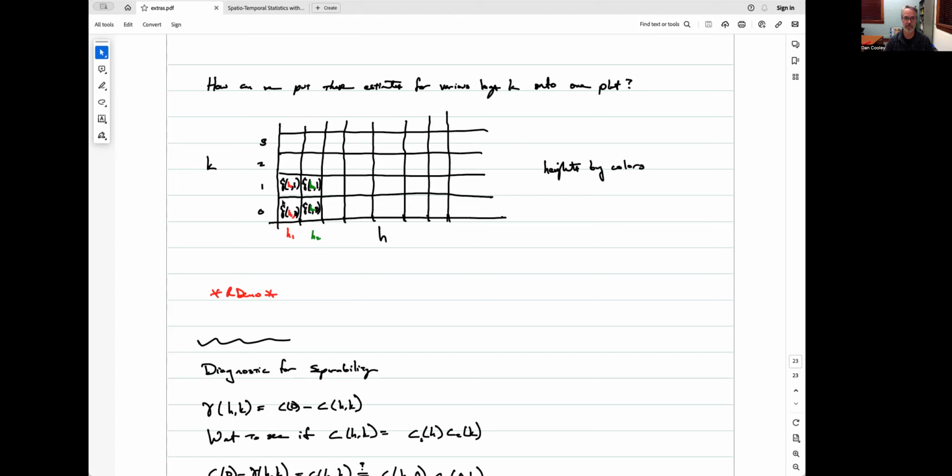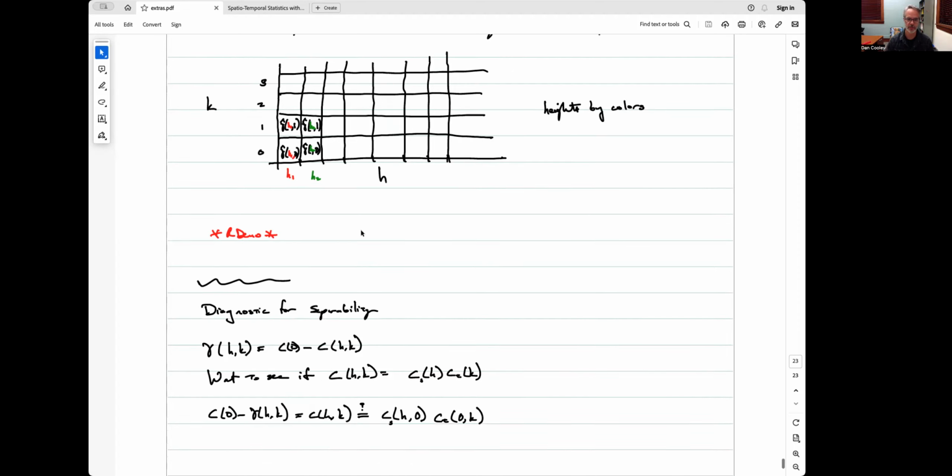You can imagine making a grid of their products and comparing those grids to see if there is evidence for non-separability, or maybe a better way of saying it, for not having symmetric behavior in the covariance function. So that's what I'm saying down here: does our grid of values appear to equal the spatial covariance function times the temporal covariance function?